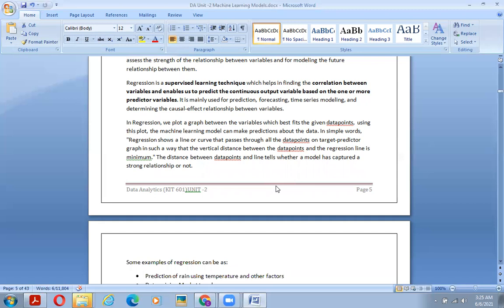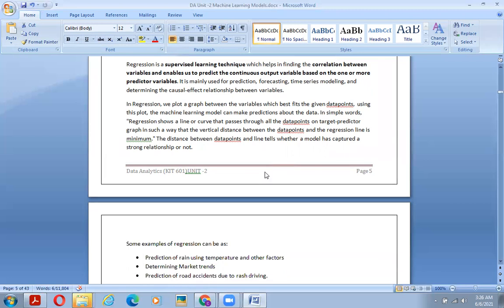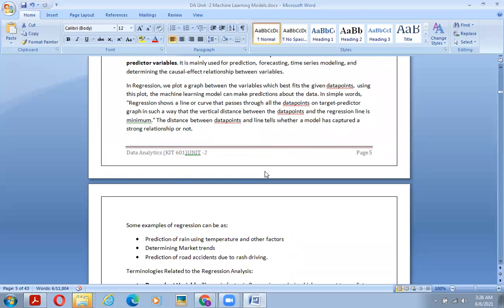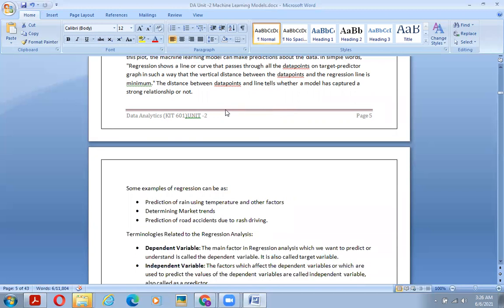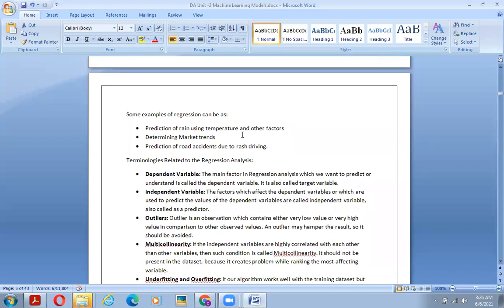In simple words, regression shows a line or curve that passes through the data points on a target-predictor graph in such a way that the vertical distance between the data points and the regression line is minimum. The distance between the data points and the line tells whether a model has captured a strong relationship or not.